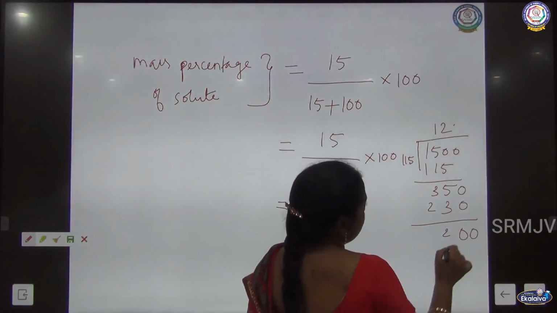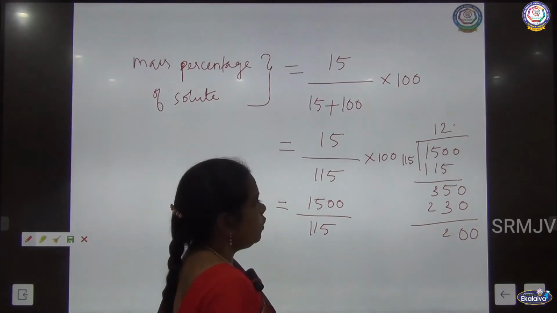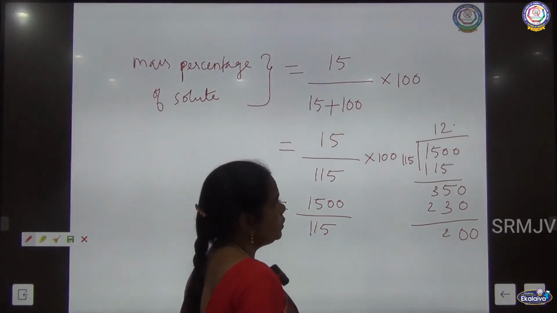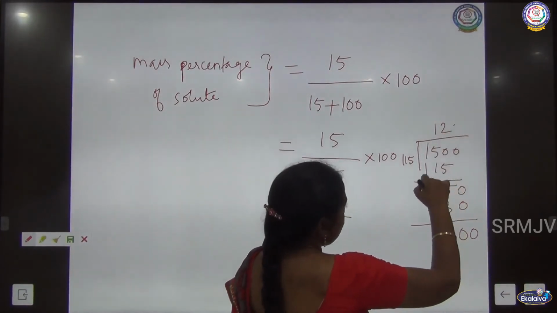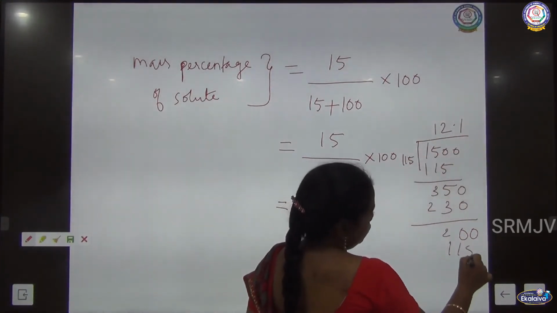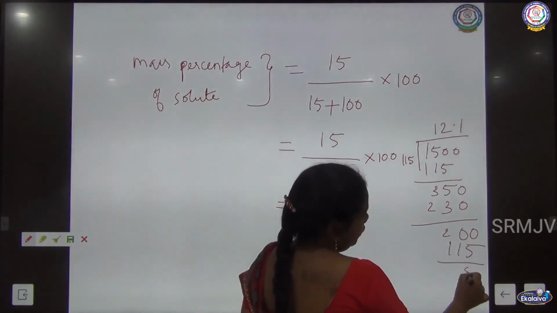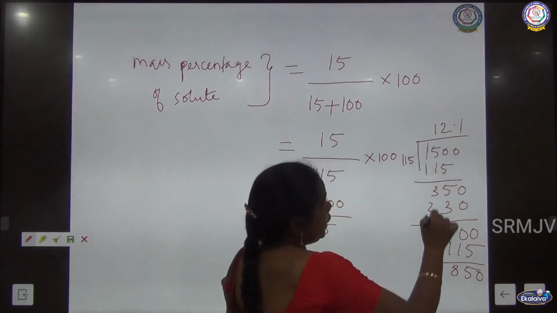Then how many times for 200? 2 times means 230, so only one time.